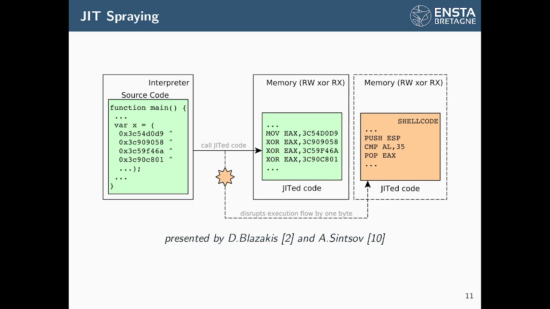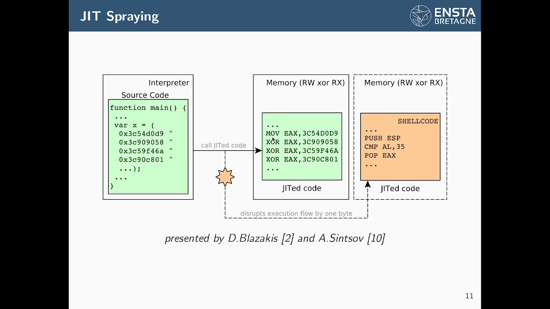For example, this attack is called JIT spraying. Basically you will have your source code with a variable that's a big XOR of constants. And the attacker will try to make this variable JITed, so recompiled in machine code.